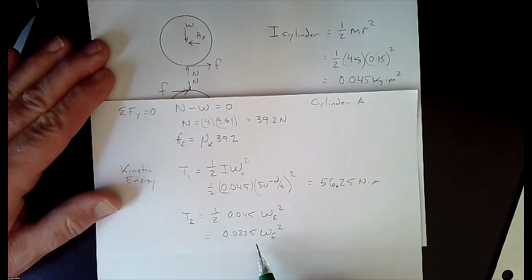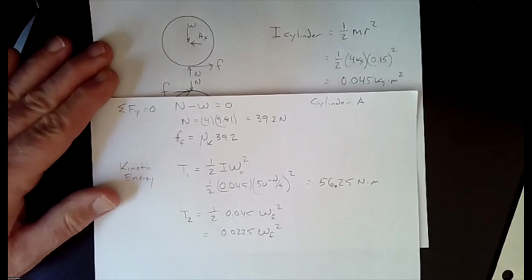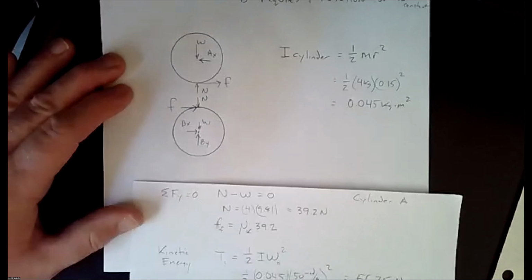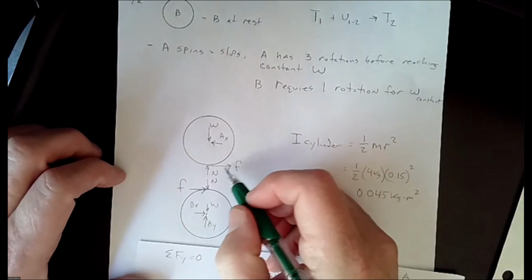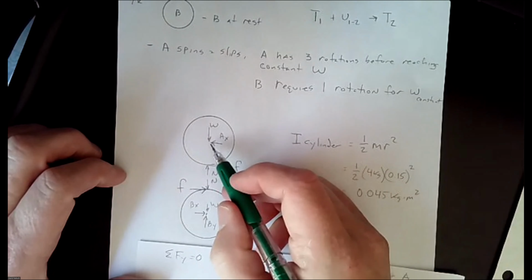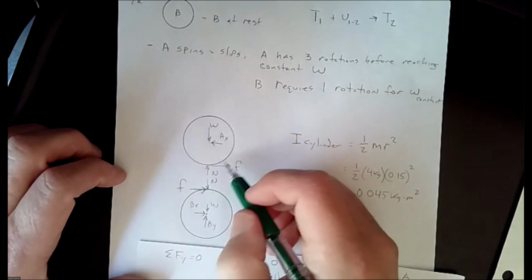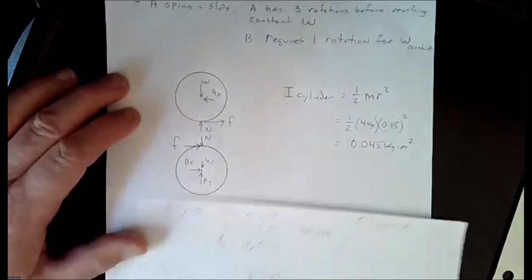All right. So now the last thing I want to look at is what is the moment created about A? Because remember, I said again that the only force that's here is the friction force, and it's creating a moment about this for 3 full rotations.